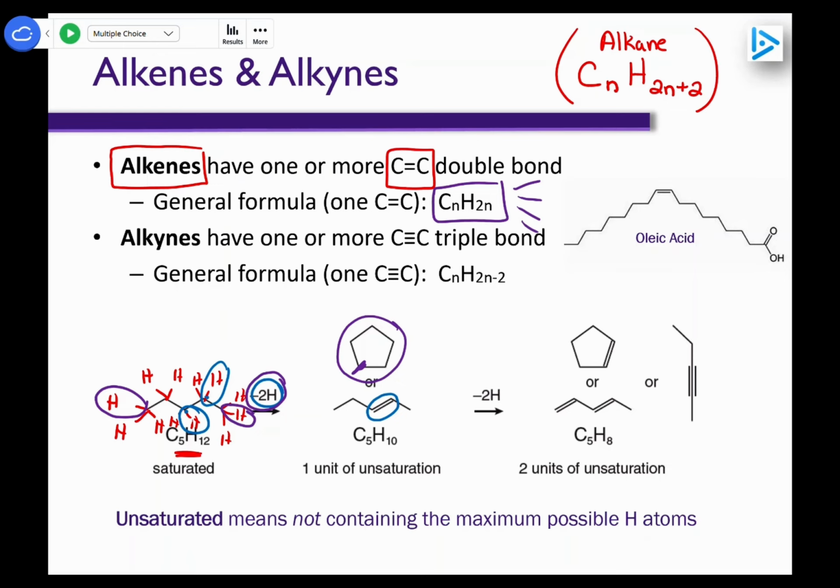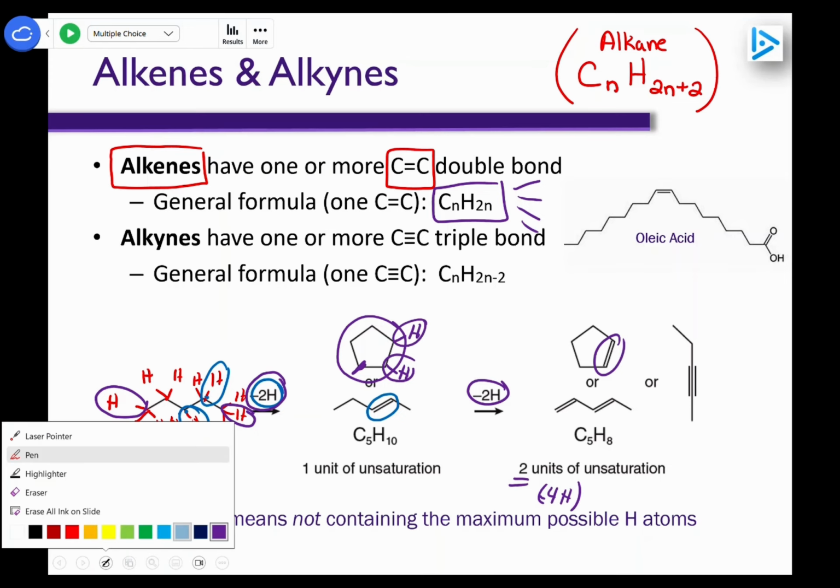Well, if I wanted to take away 2 more hydrogens, maybe I can take away these 2 from my cycloalkane. If I take those 2 away, I could have a cycloalkene. This cycloalkene has now 2 units of unsaturation. I've taken away 4 hydrogens to make that happen.